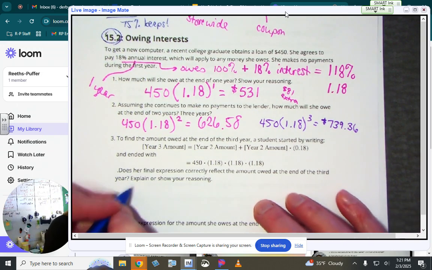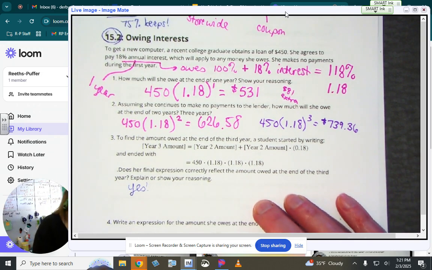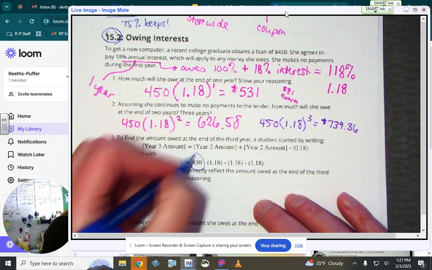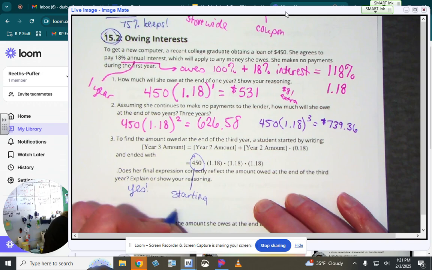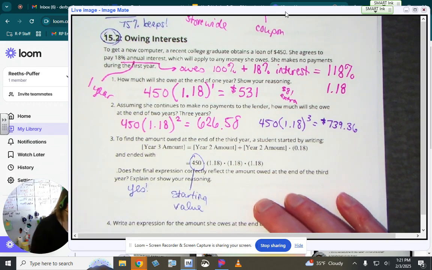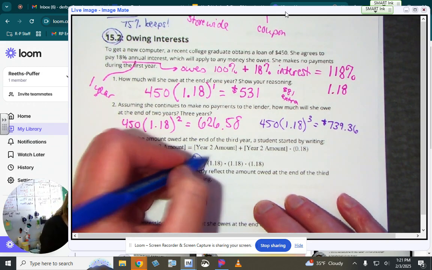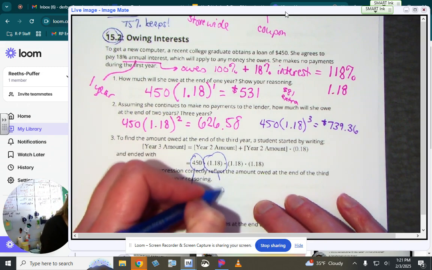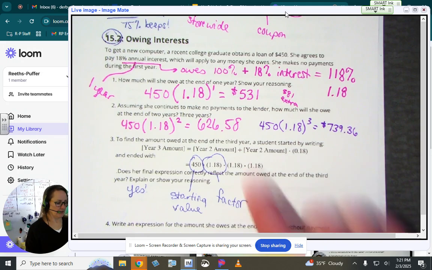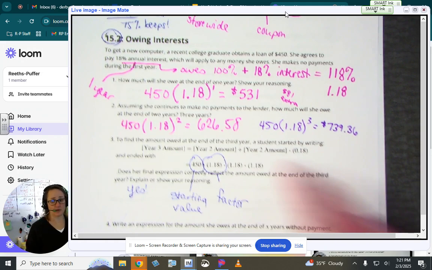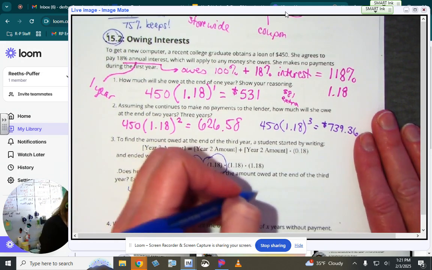Yes. This is the starting value of the loan. This is the multiplier factor. And it multiplies by the number of years that she's gone.